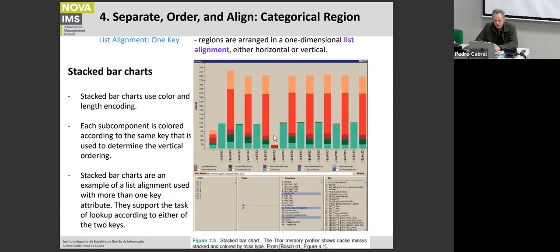For instance, the red on this bar is very similar to the red on this one in terms of size, but we are not sure which one is the longest one, okay? So this can be a problem, but sometimes this is useful, or maybe you can create an application in which the user can click on each portion of the bar to figure out the exact value of that portion, okay?